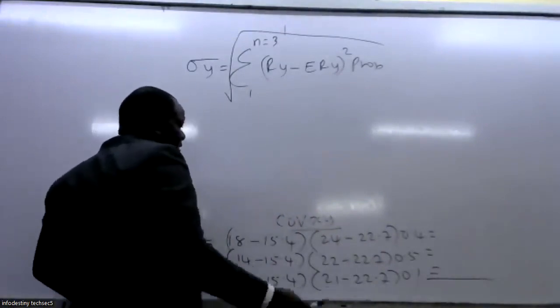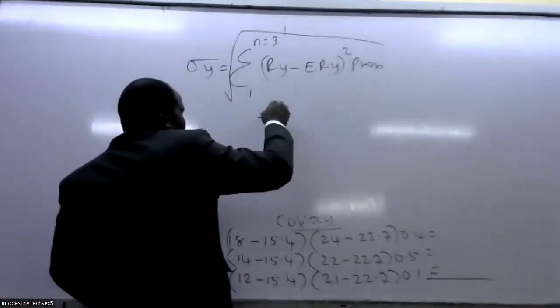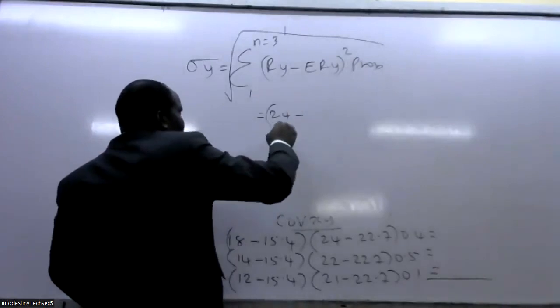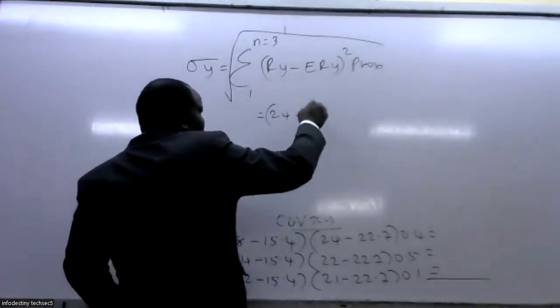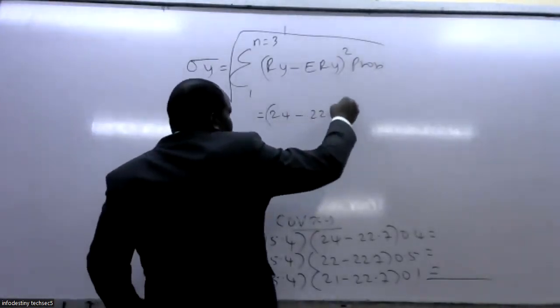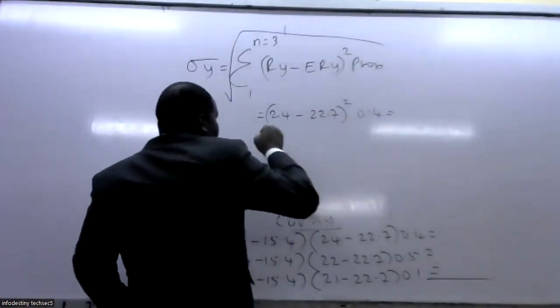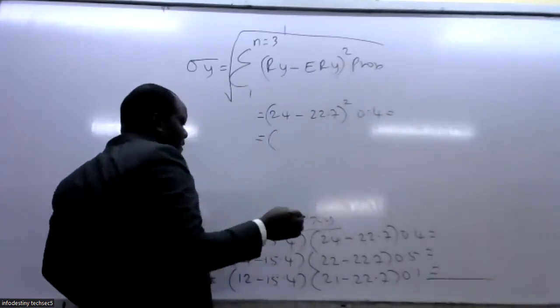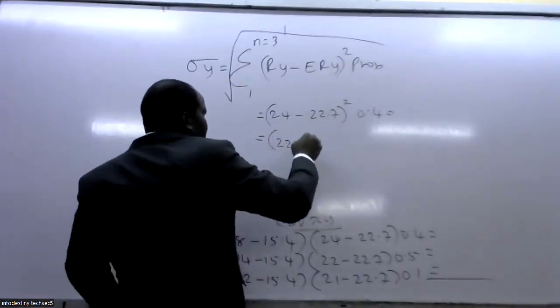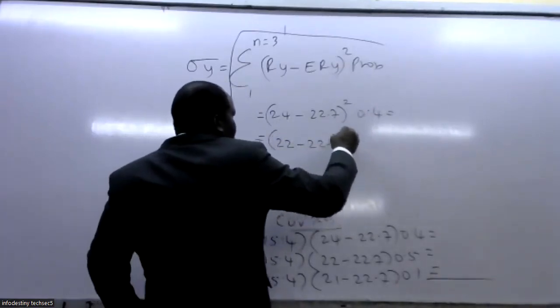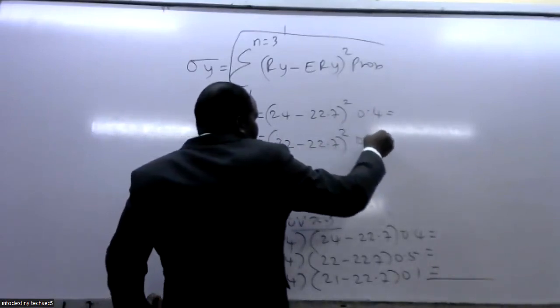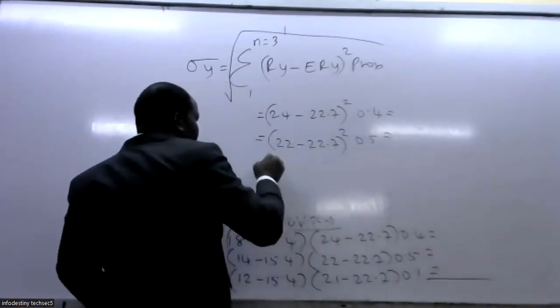The first return for y was 24 minus the expected return, which is 22.7, squared, times 0.4. The second return is 22 minus 22.7, squared, times 0.5.